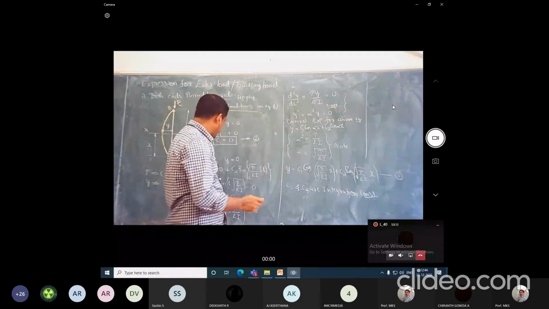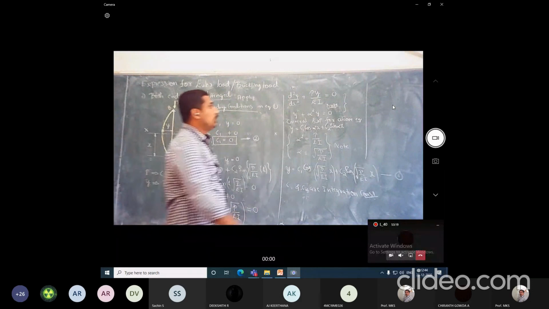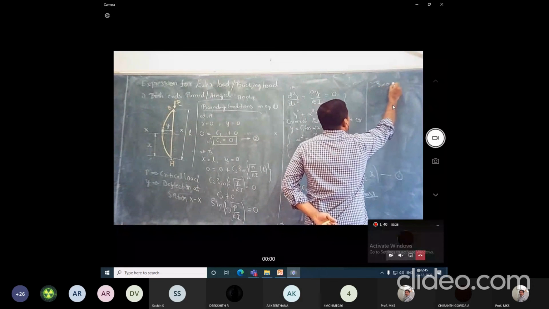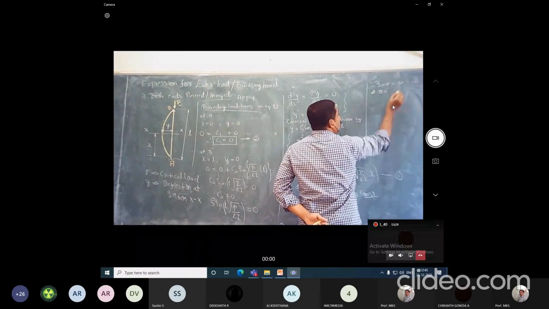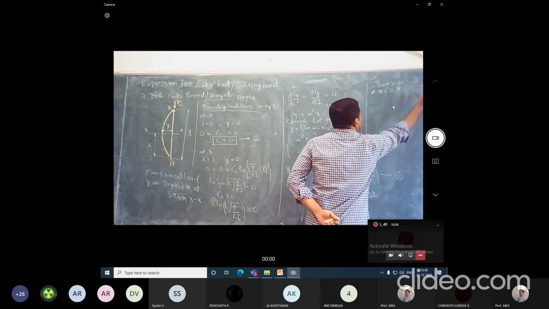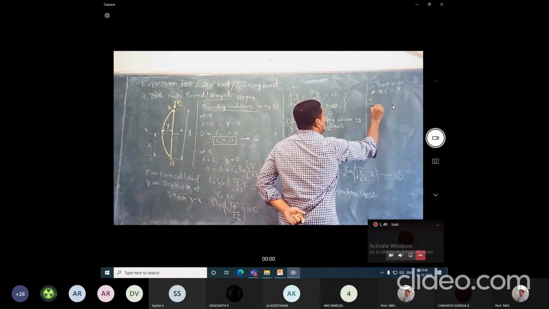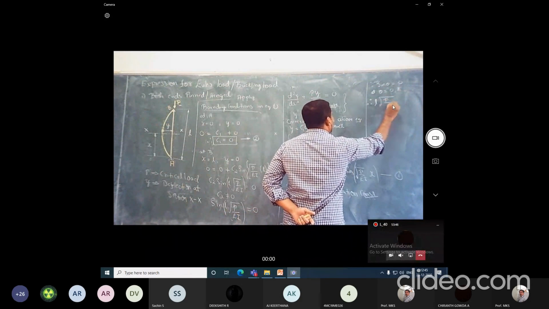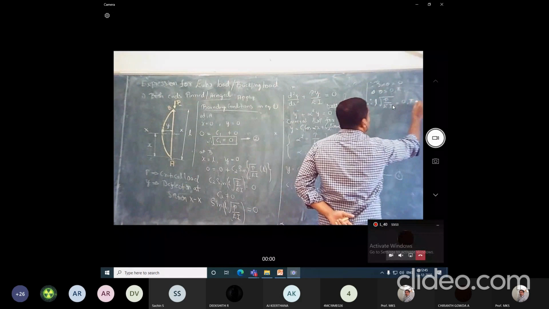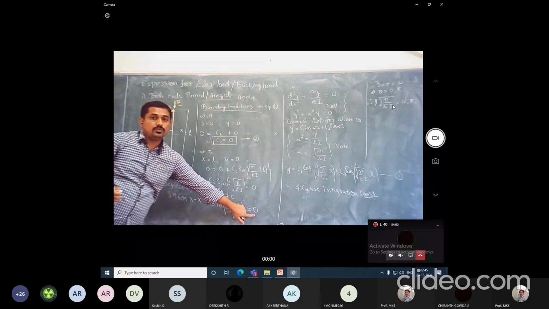By taking that into consideration, since sin theta is equal to 0 at theta is equal to 0, pi, etc., therefore this quantity L into root of P by EI is equal to 0, pi, etc.